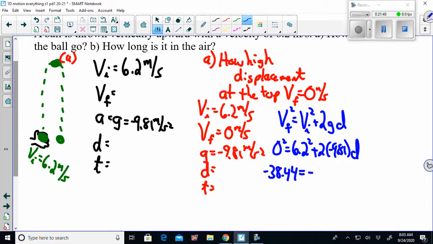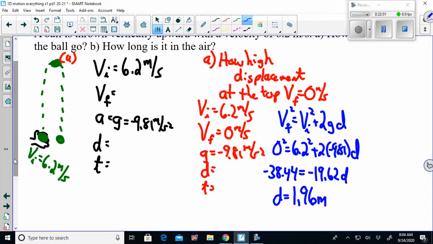negative 38.44 equals negative 19.62d. Divide both sides by negative 19.62, and I get d equal to 1.96 meters.